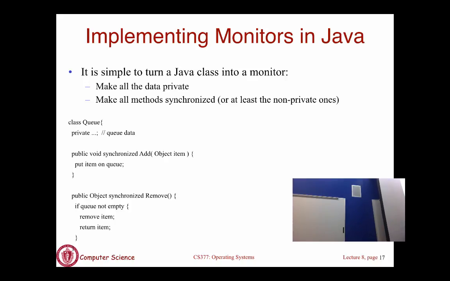Could you have a thread doing add while another thread is doing remove? There is a lock for the entire class or the object. Just because these two methods are synchronized doesn't mean there's a lock for this method and a lock for that method. This simply tells Java that any method that is synchronized for that object shares one lock. Whenever you enter any synchronized method, you have to get the lock. Internally, the JVM will try to get the lock for the thread.